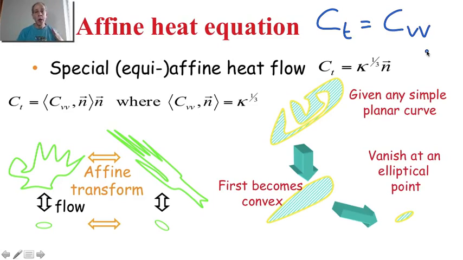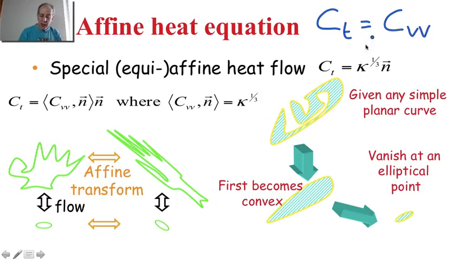Now remember, when you take the second derivative according to the affine arc length, you are not necessarily perpendicular to your curve. But we know that the tangential component does not matter, so you have to project it. And we already saw in one of the previous videos that the projection of the affine normal, the second derivative, onto the Euclidean normal is kappa to the 1/3, the curvature to the 1/3.